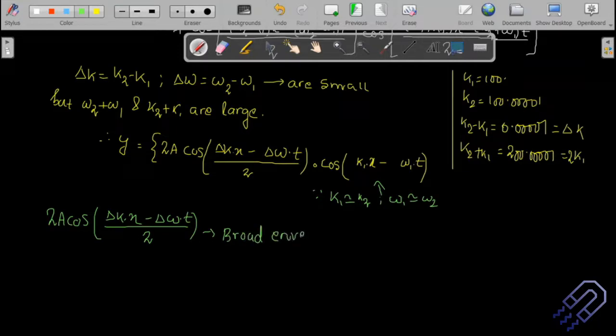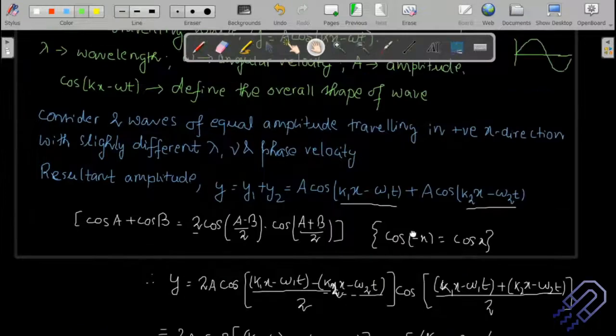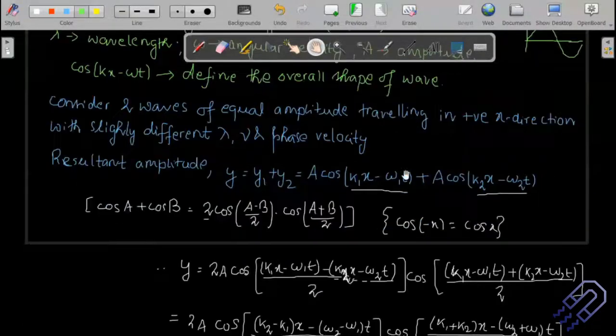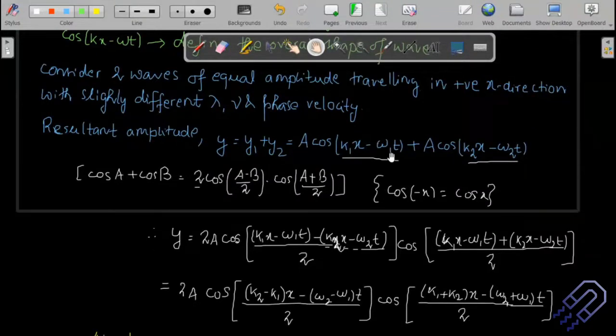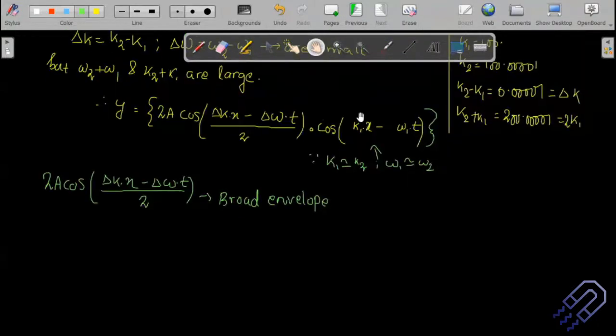If you look into this, you can analyze it, because this term is representing a single wave. It is representing a phase of the wave, because if you talk about the expression that we started with, we started with this. This is one single wave, right? So cos of k1x minus omega 1t will represent that. Mathematically we also arrive at the same result. This is going to represent that phase of the wave.